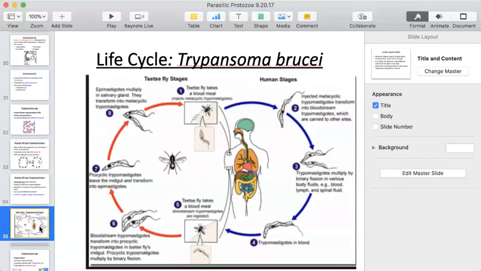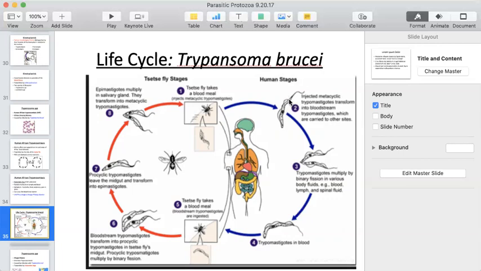This is just a schematic of the life cycle of the Trypanosoma species that causes sleeping sickness. All right. So the tsetse fly takes a blood meal, and this is basically when this fly bites you on your arm. And it injects the trypomastigotes, the organism, into your bloodstream.